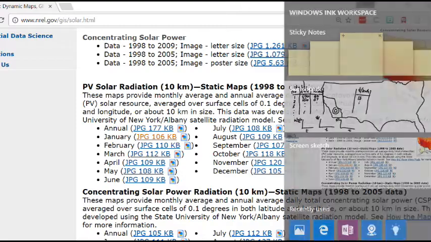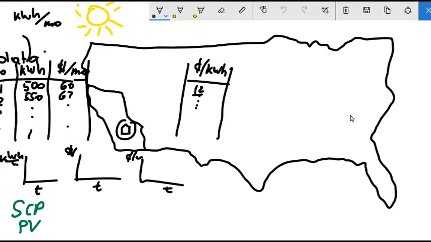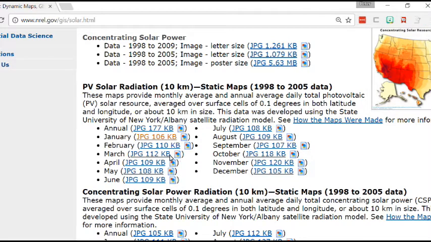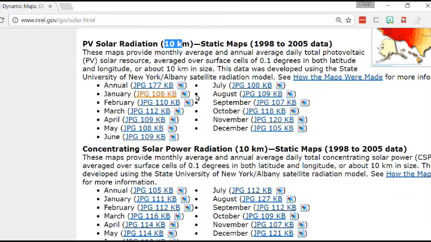I think you see it here. So there are these maps here from 1998 to 2005, and they are 10 kilometer squares. Each pixel there is 10 kilometers square. So go through those that are 10 kilometers square, the more recent one.